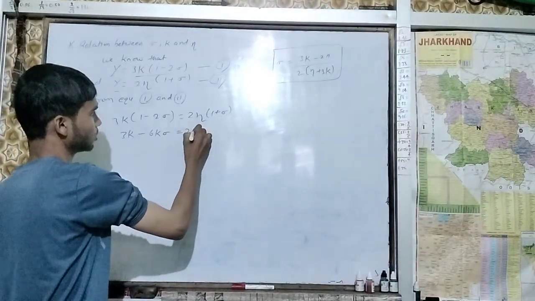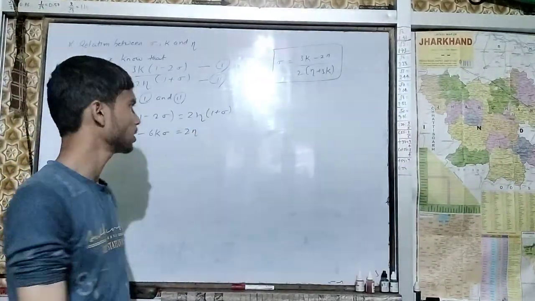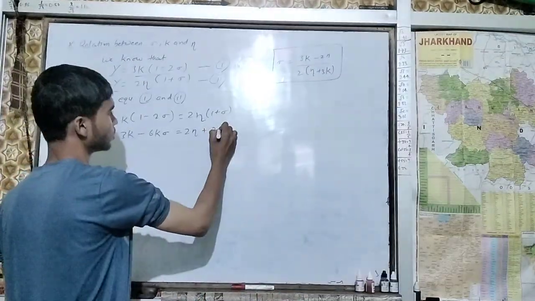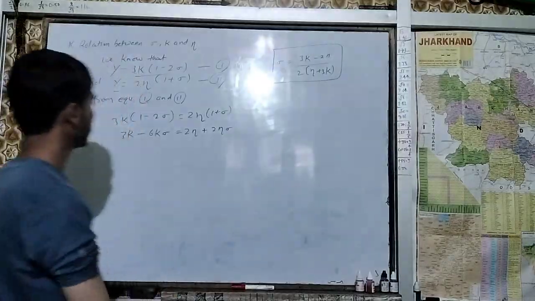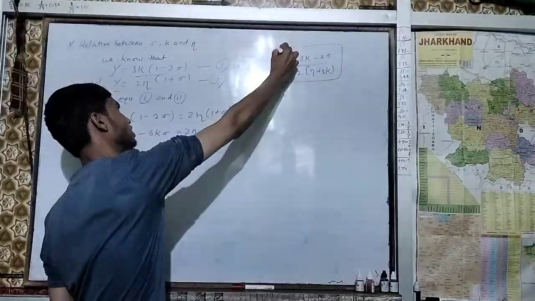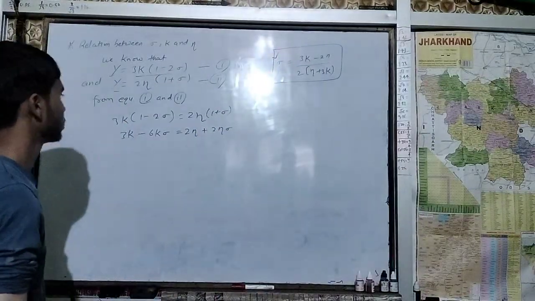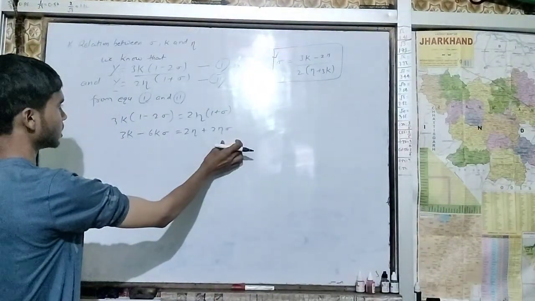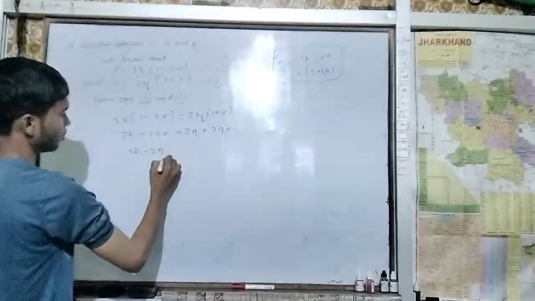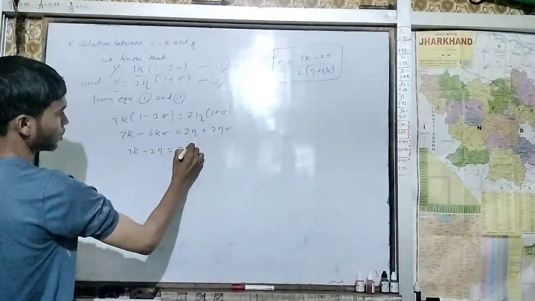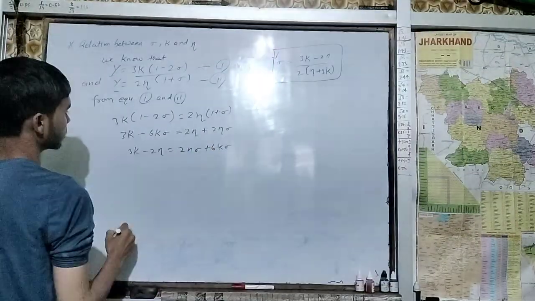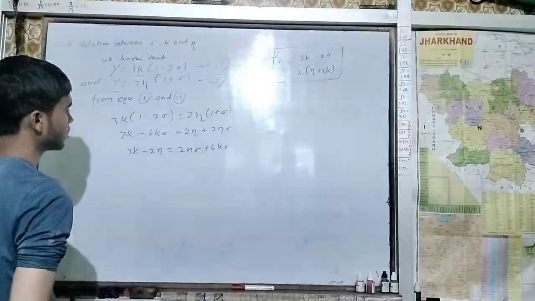It will become 2η plus 2η into the Poisson's ratio. Am I right? Now we want this on one side, so just shift this 3k to this side, and this will become 2η, 2η times the Poisson's ratio plus 6k times the Poisson's ratio. Got it? No problem.